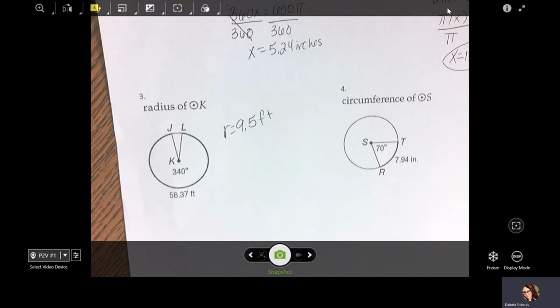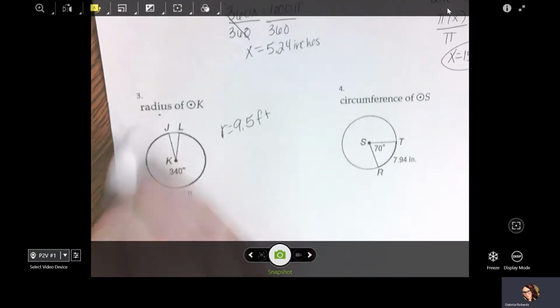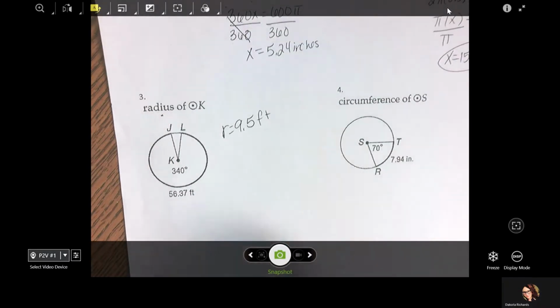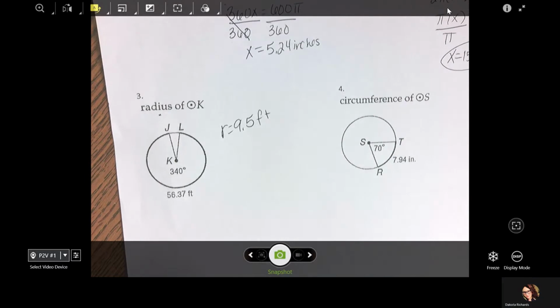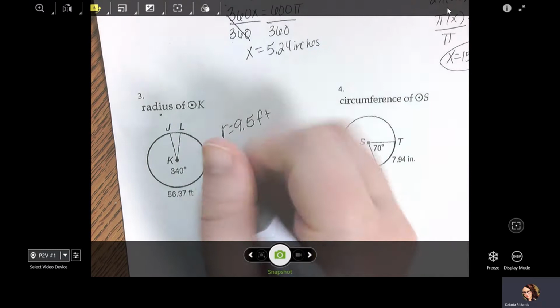I'm going to set it up, and you're going to make sure you set it up the same. So, what are we asked to find on number 3? You're asked to find the radius. Guys, you can talk. So, is the radius part of our formula?